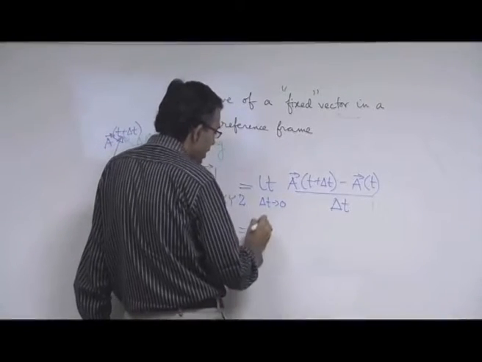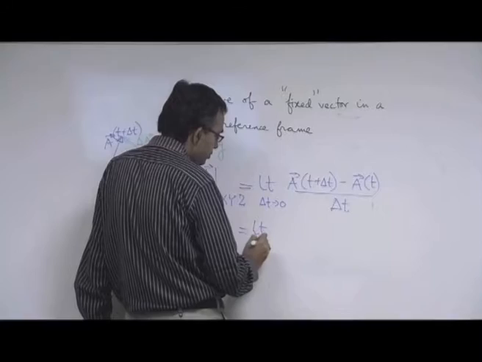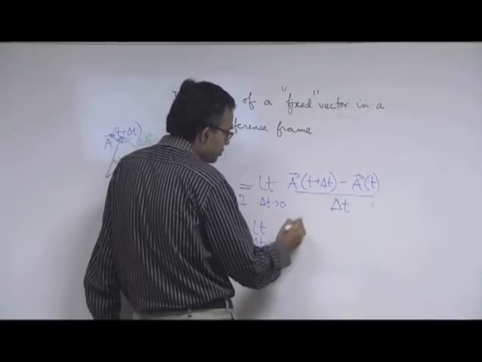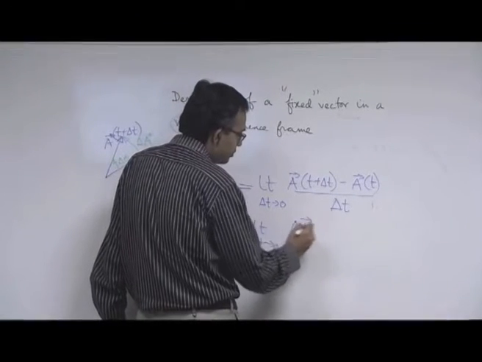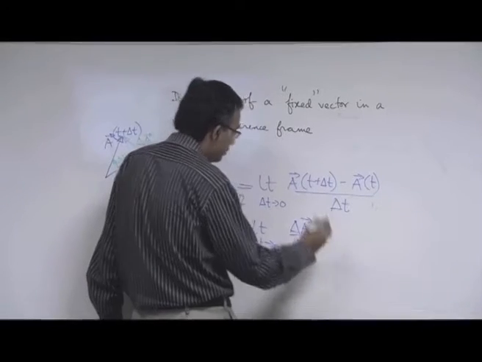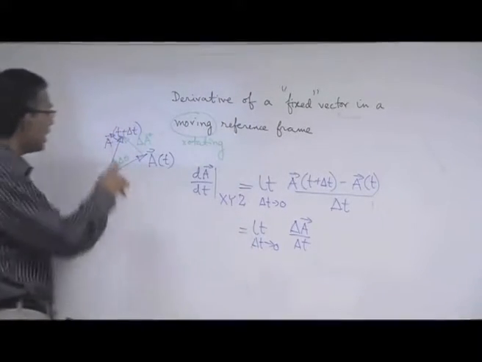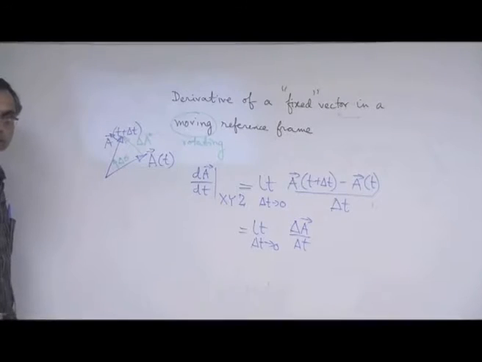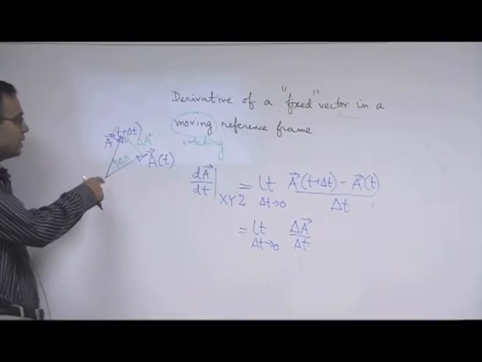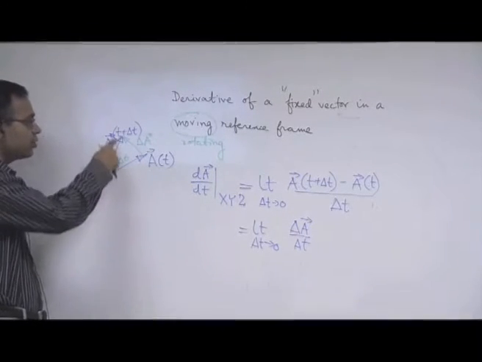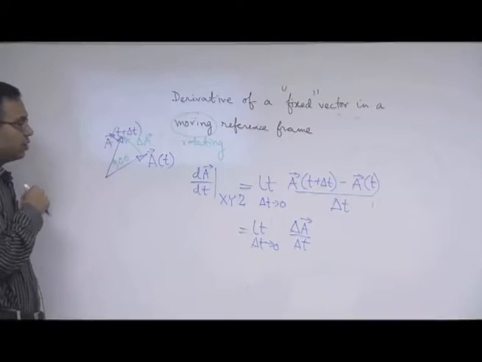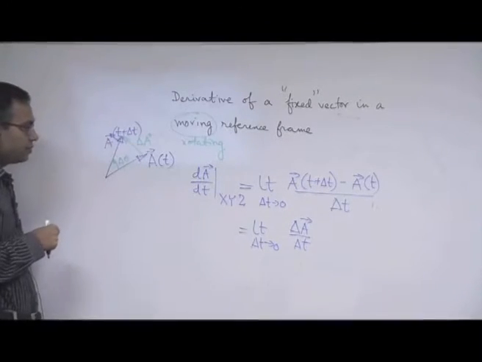So limit as delta t tends to 0 of delta A by delta t. Delta A is the green colored vector. You can see that A plus delta A is equal to new A. So what is this delta A?